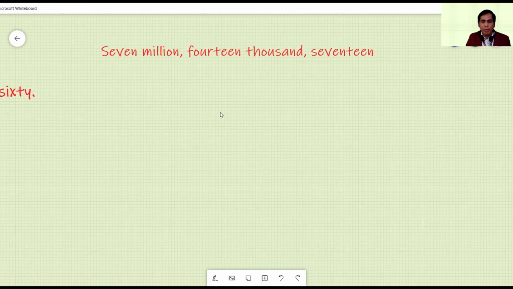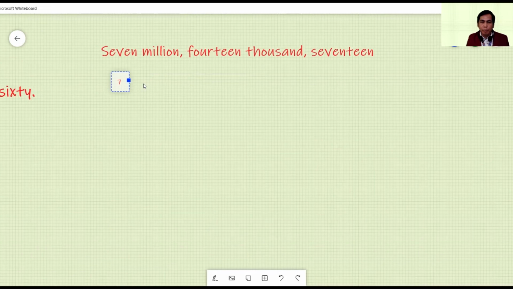So meaning to say, the numeral has three periods: millions, thousands, and ones. So we are going to write this in symbols using the Hindu-Arabic numeration system symbols. So 7 million. So you have 7. Either we use comma or we just simply put a space in between periods. So you have 7. And then 14,000.